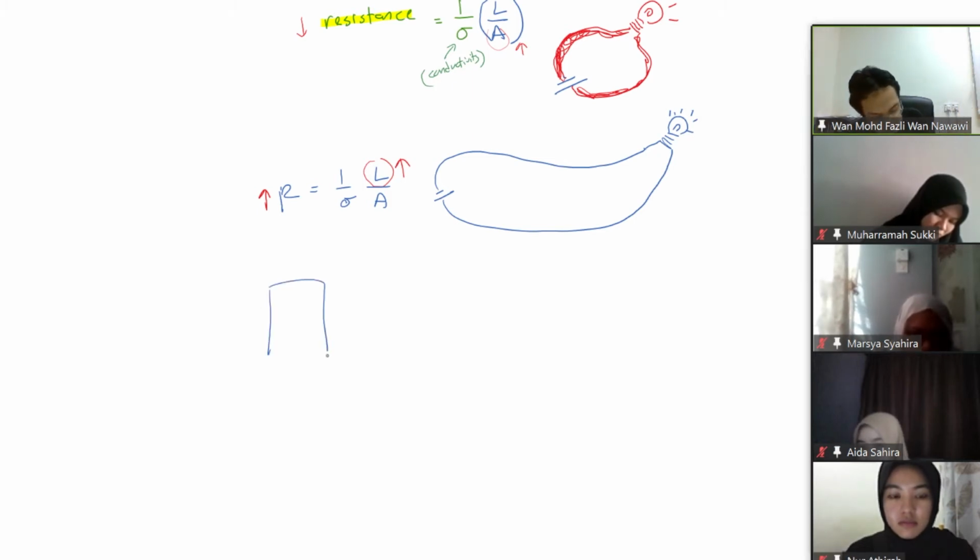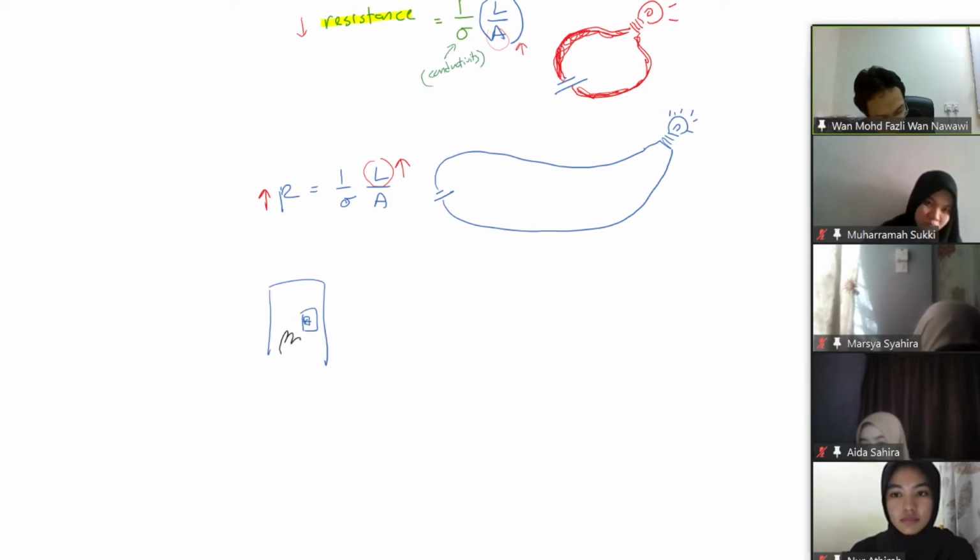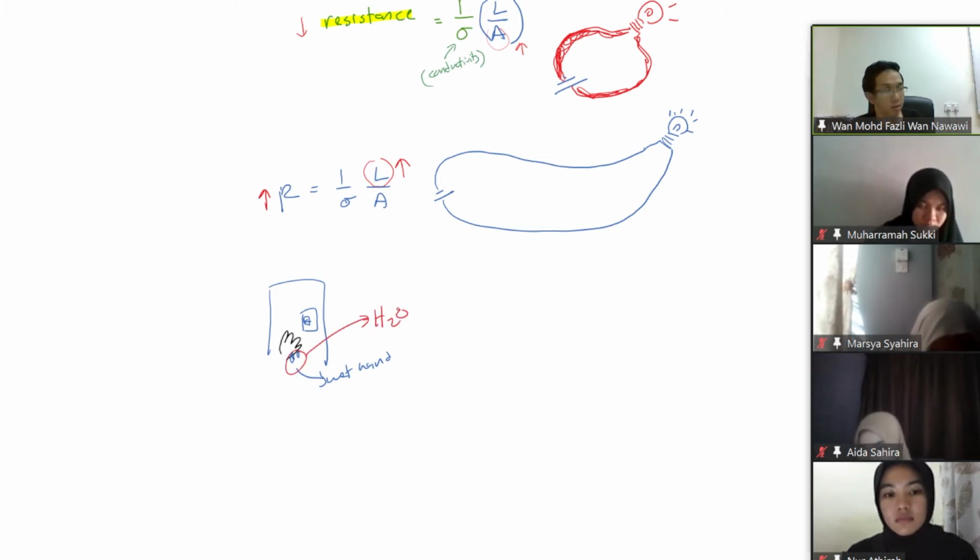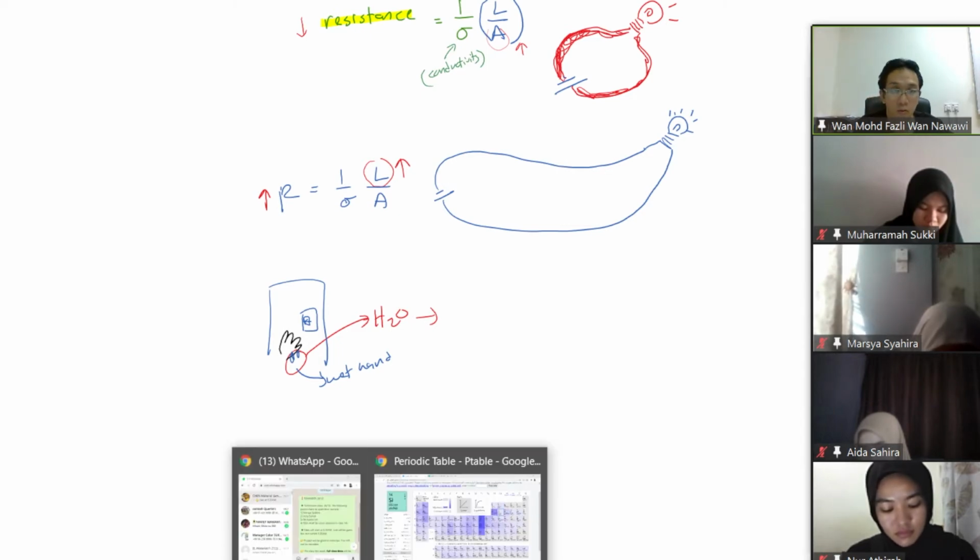For example, in the bathroom, you have a switch there, so why not touch the switch with a wet hand? If you think about it, the wet hand is made from water, H2O, right? So if you look at water itself, you go to the periodic table.